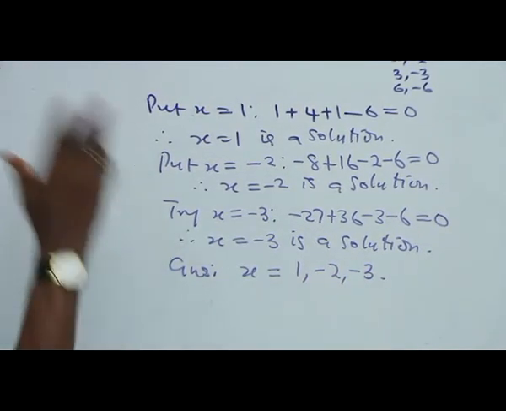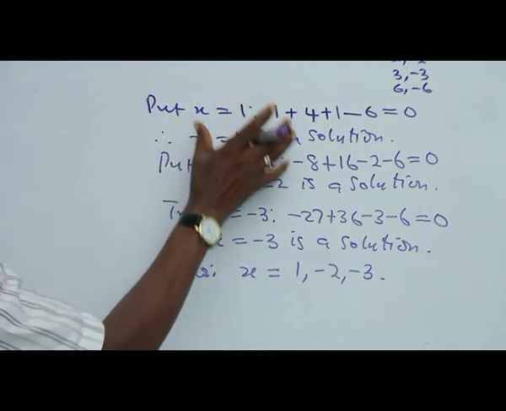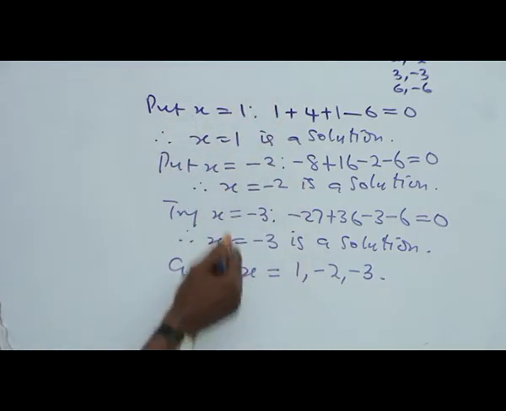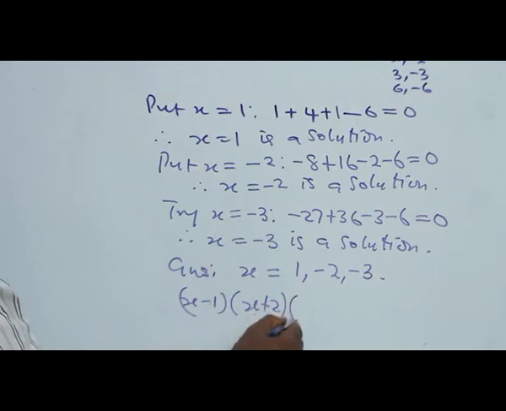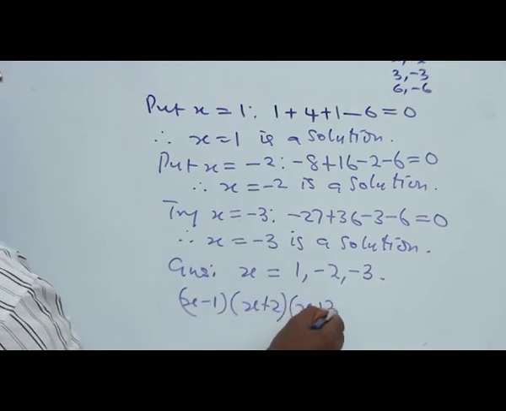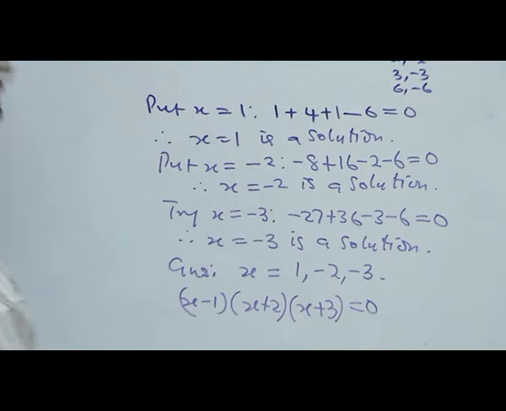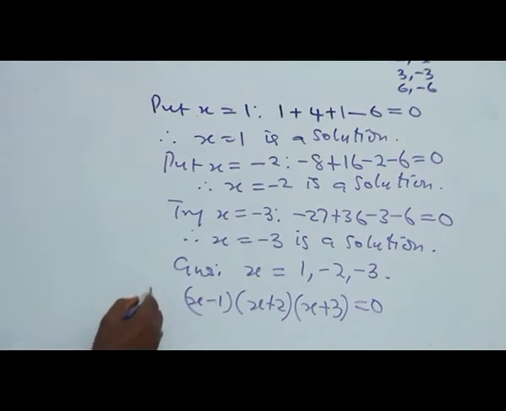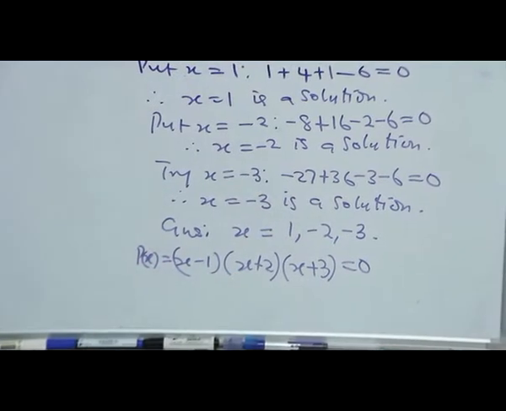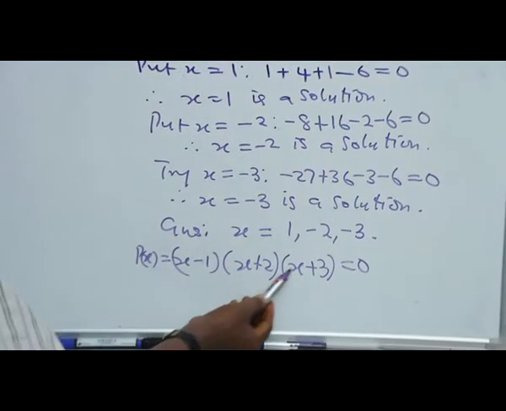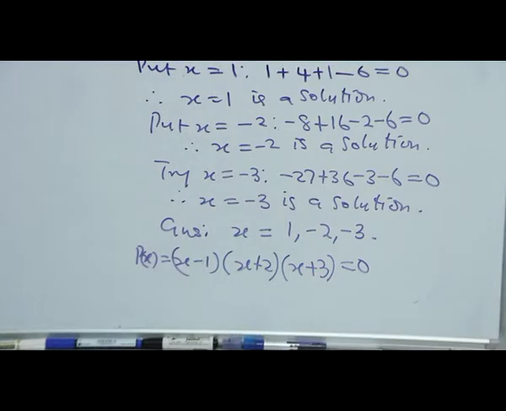But also observe that after doing this, what exactly happened is that your (s minus 1)(s plus 2)(s plus 3) is equal to 0. This is the polynomial P(s) factorized, and is equal to 0 to solve the problem.